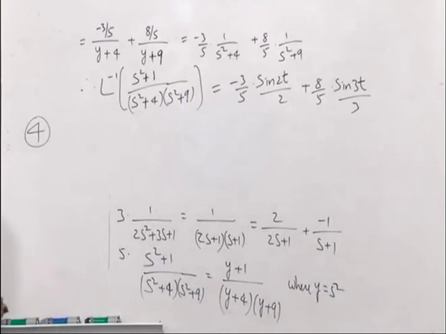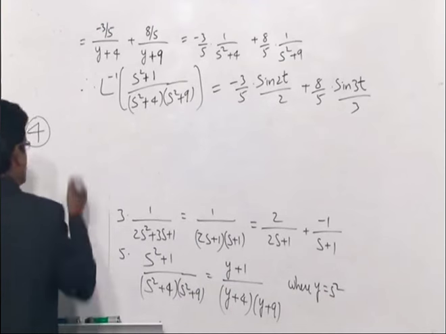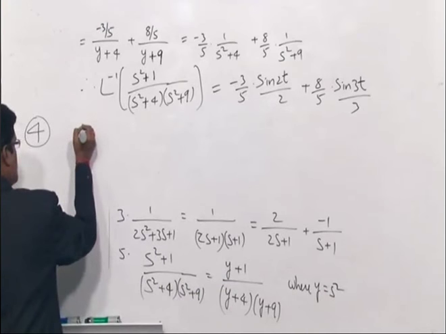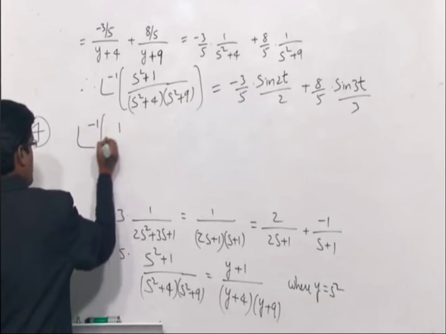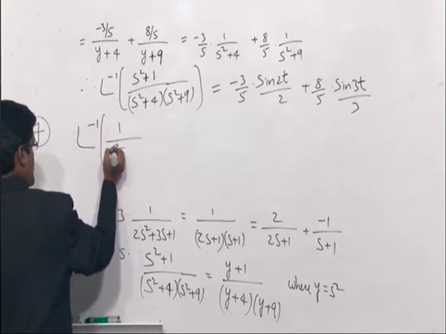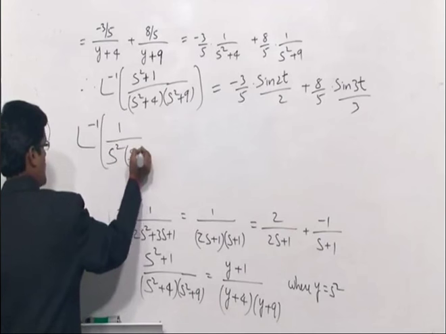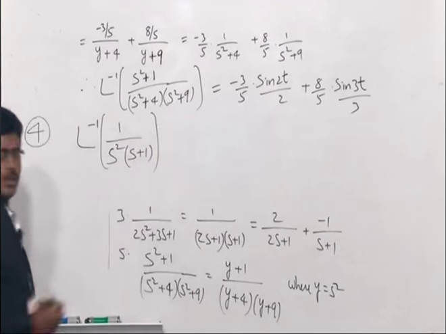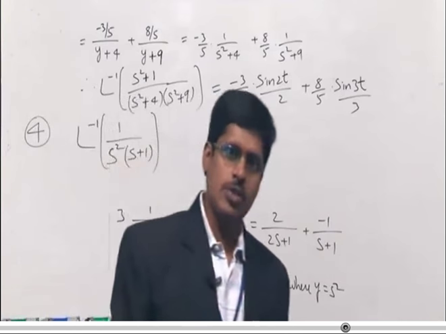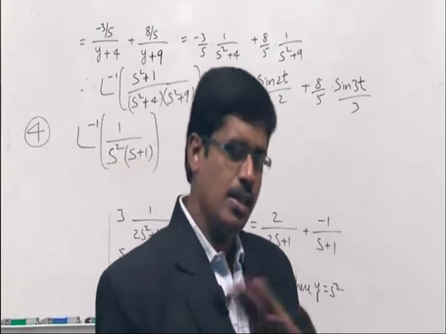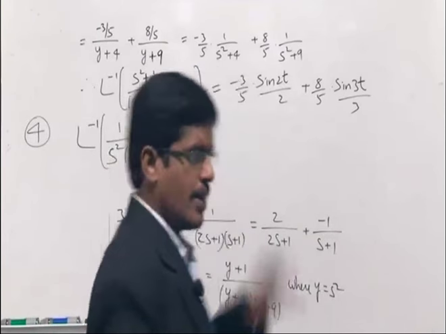Fourth problem. L inverse of 1 over s square times s plus 1. So here according to the original procedure, a over s plus b over s square plus c over s plus 1, then taking LCM, and then you know the procedure what we have adopted in 11th standard.